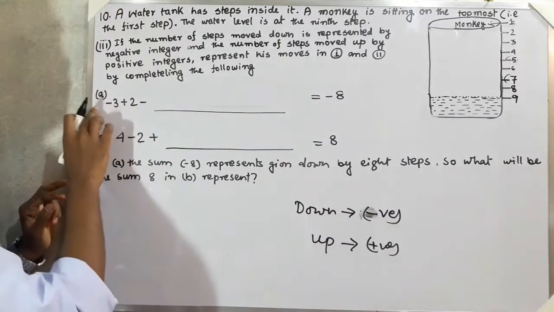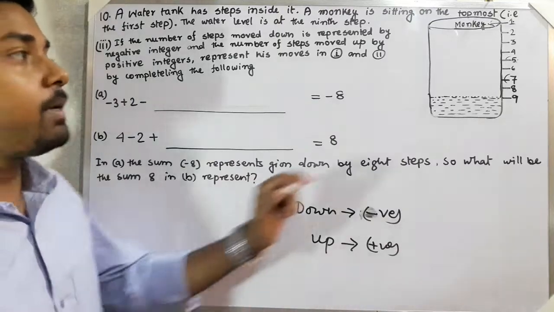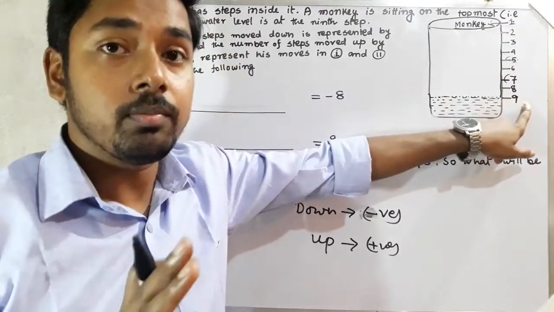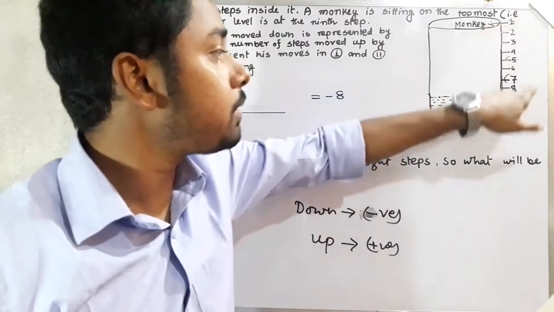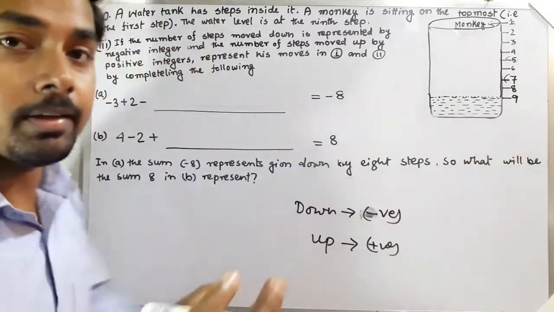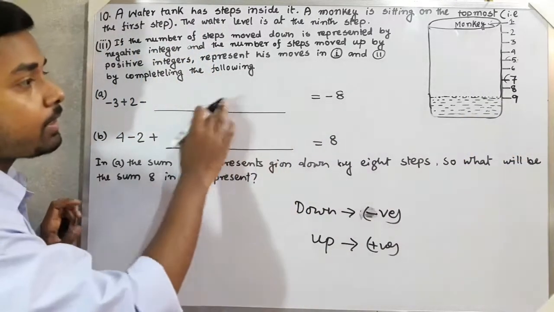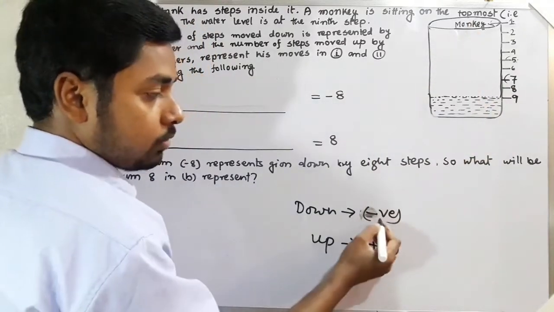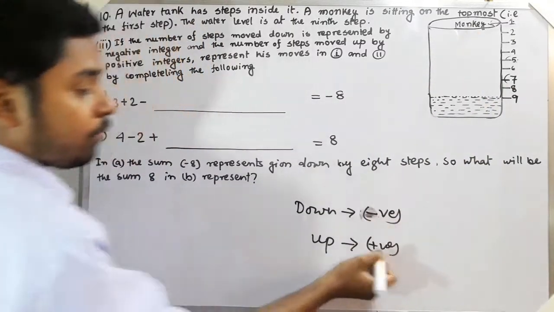So in our first question, the monkey was coming from up to down, from the first step to the ninth step to take the water. In that question, what we did was 3 steps down and 2 steps up. So for down, minus, and for up, positive.